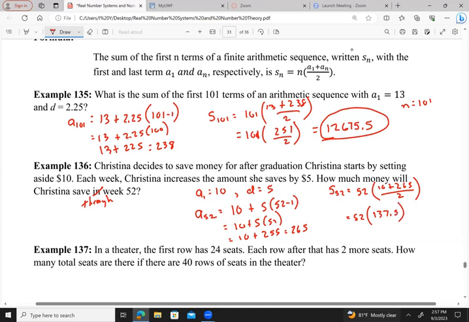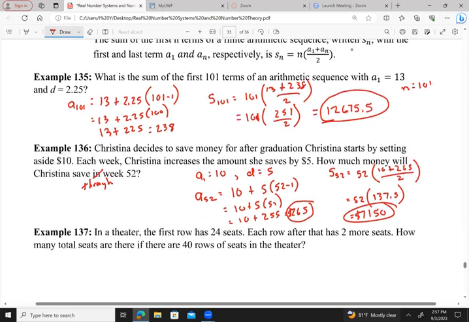And then we're going to multiply that times 52, and we get $7,150. So this is what she would have saved in week 52. This is what she would have saved altogether.